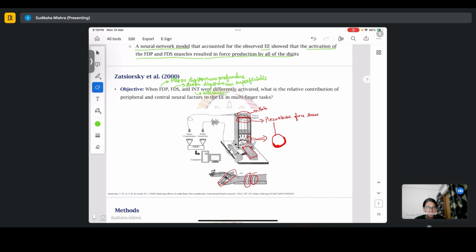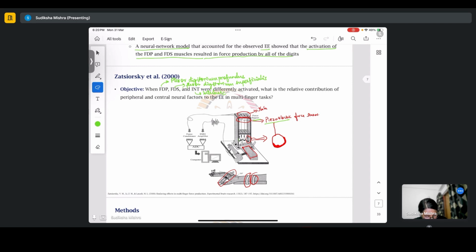For this, they used a setup with tiny hooks on which the fingers rest, and the force applied can be measured. These hooks are connected to a piezoelectric force sensor, and the sensors are then connected to a computer.